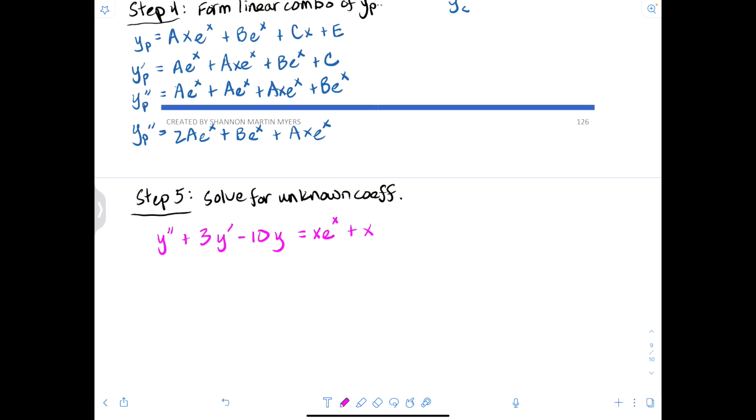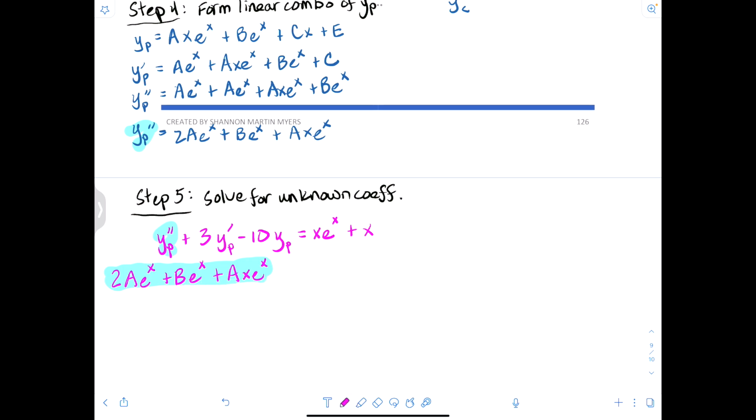Let's just go ahead and plug in, and these are sub p's here. So y double prime sub p was 2a e to the x plus b e to the x plus a times x e to the x. So I just got that from up there.